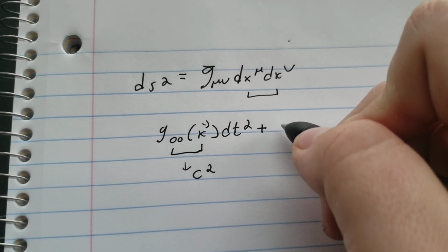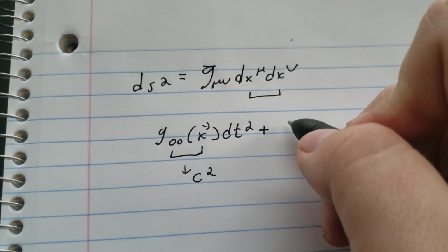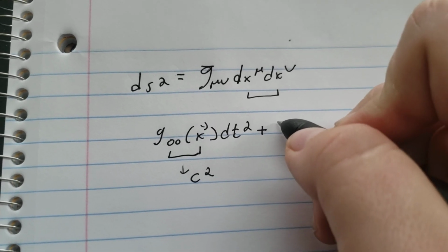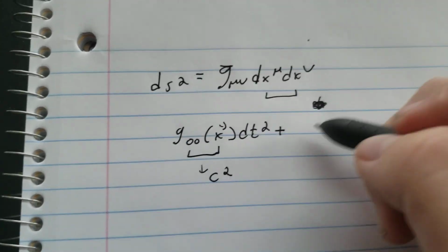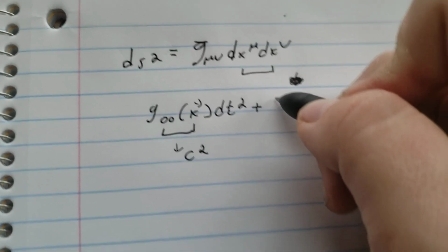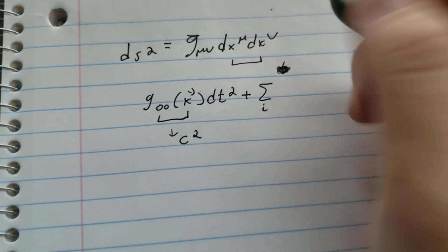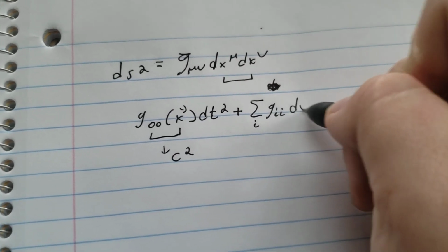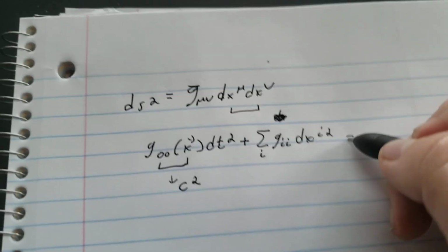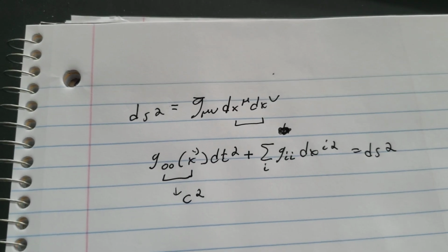Plus, I'm only going to consider a diagonal metric tensor for demonstrational purposes here. So you sum over the spatial components, g sub i dx_i squared equals ds squared.